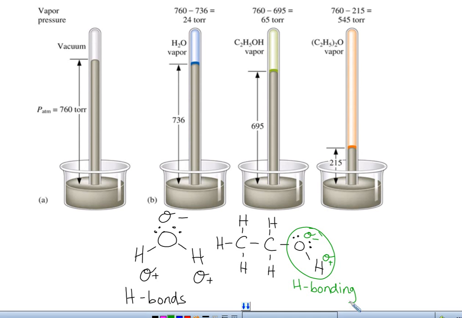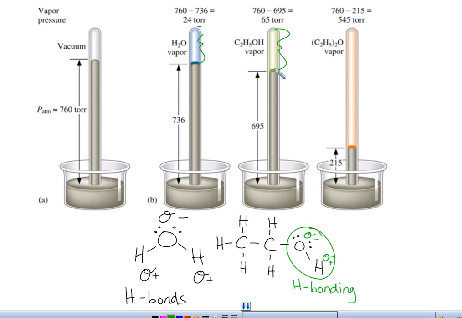Look at what happens to their vapor pressures up here. There's 1 versus 2. Interesting. Can you kind of tell that there's less water vapor and more ethanol vapors?